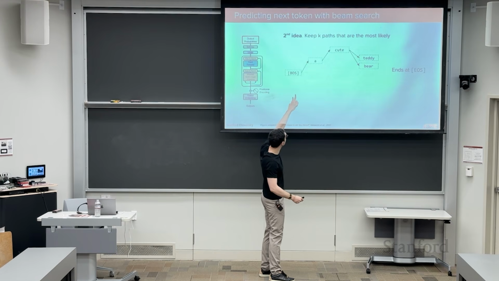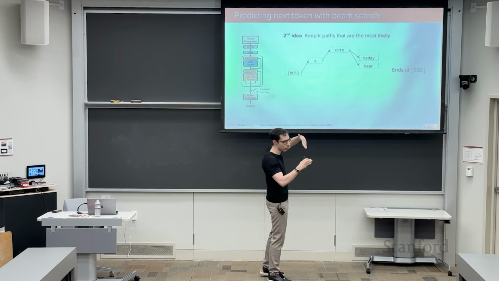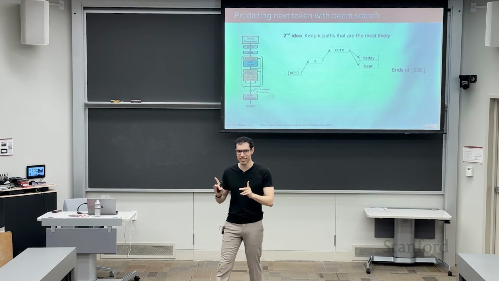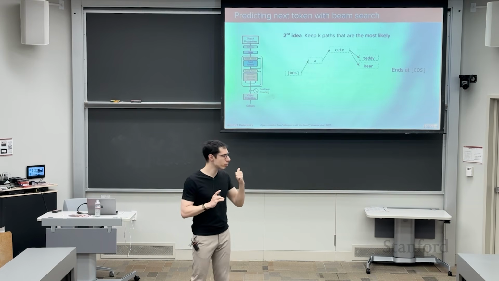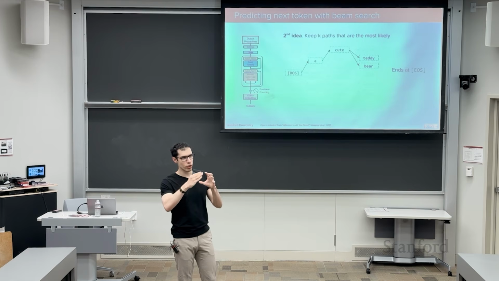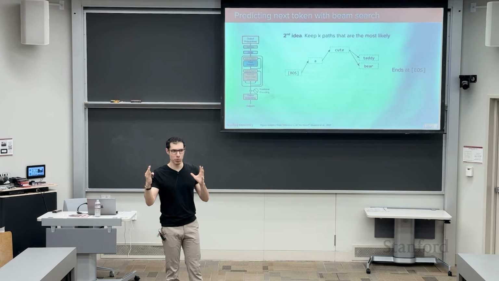It's the log probability of A knowing BOS, and then cute knowing BOS and A, and so on and so forth. But I just want to point out one limitation of this approach, which is that the more tokens you generate, the lower your end sequence probability will be.